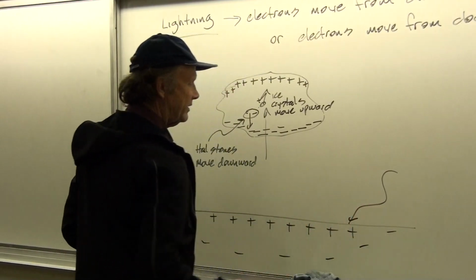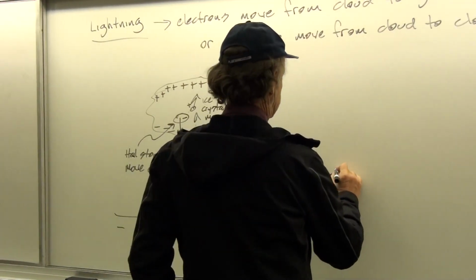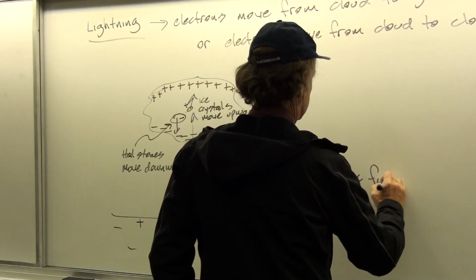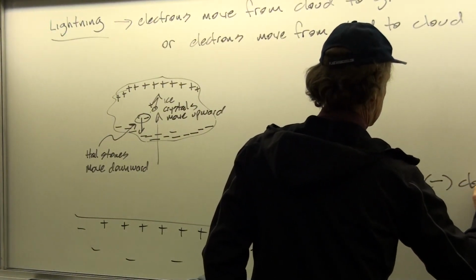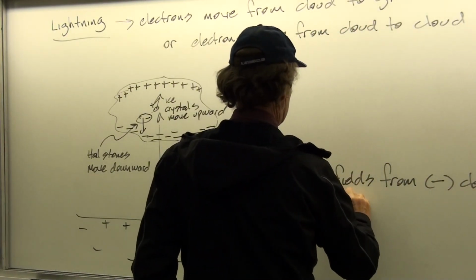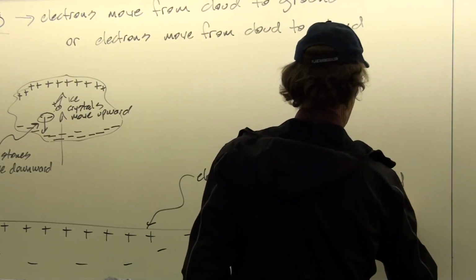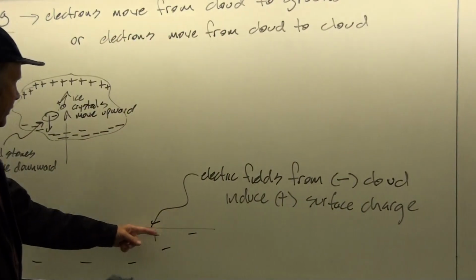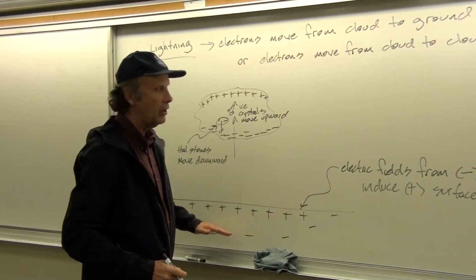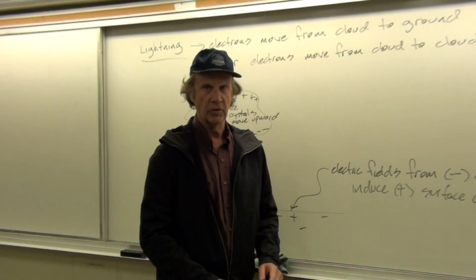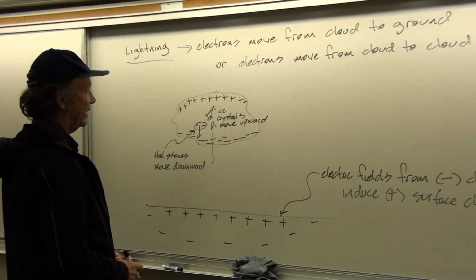So we can say then that the electric fields induce a positive surface charge, where this positive surface charge is not so much the attracting of positives to the surface, but rather due to the repulsion of the negative electrons to greater depths beneath the surface. So now we have a charge separation between the cloud and the ground.